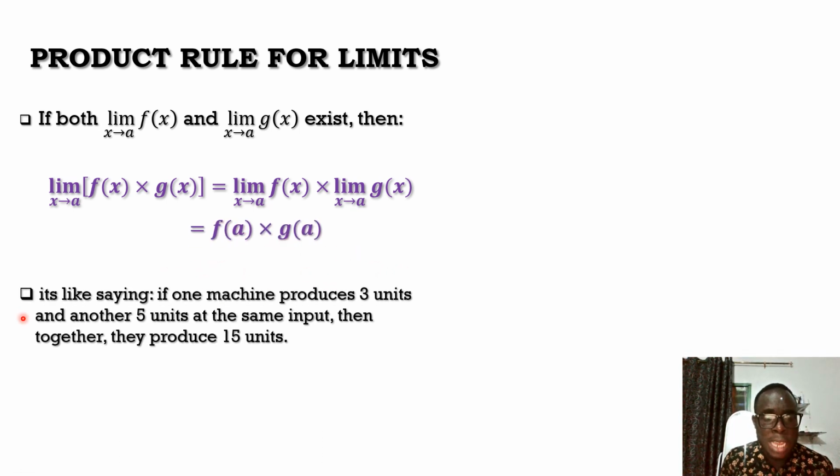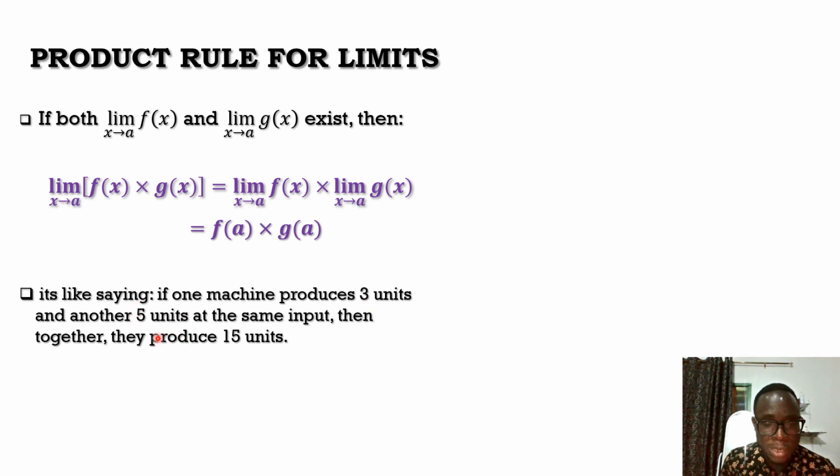So now it is like saying if one machine produces 3 units and another machine produces 5 units at the same input. So here the input will be a. Then together they produce 15 units. How did I get 15? That will be 3 times 5. So the limit for the first machine, the result is 3.